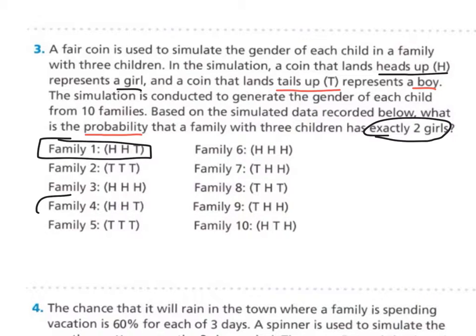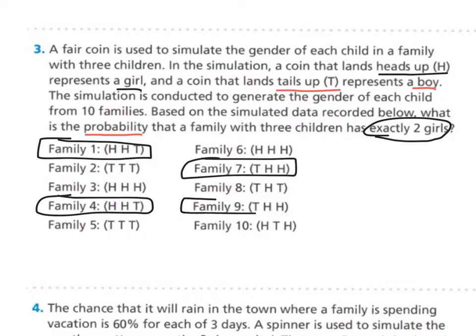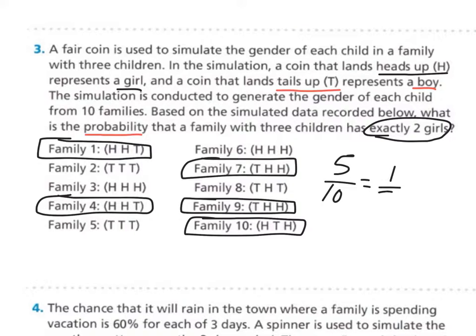Another one would be family 4, family 7, family 9, family 10. The others do not have exactly 2 girls. So that would be 5 out of 10, or we could reduce to 1/2, or you could say 50%.